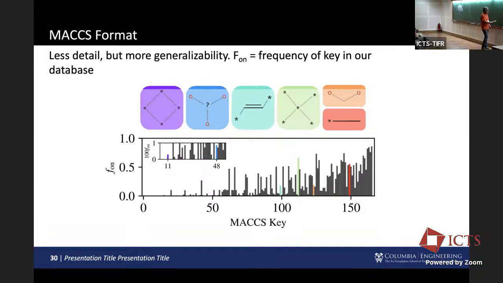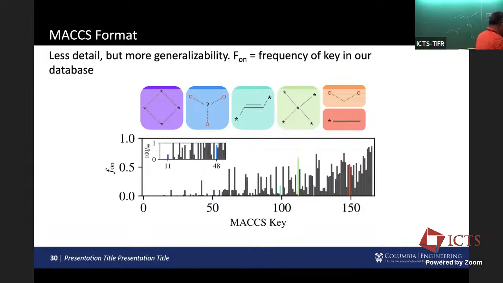One MACCS key might be this, and a second one might be this. So the molecule will say, put a number 1 here, put a number 1 there. There are many different local fragments that MACCS keys has in it. As long as you find it, you put a 1 next to it.